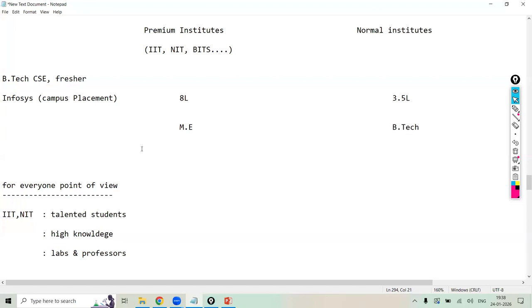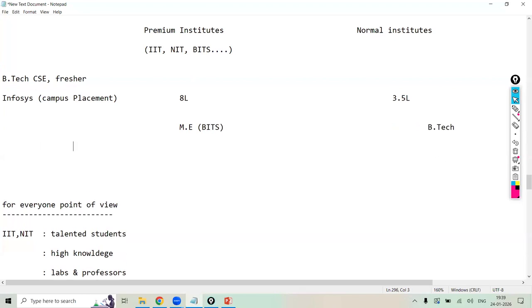I have experience with BITS, as I completed my master's from BITS. Apart from this, I have done the AI and data science program from IIT Madras.